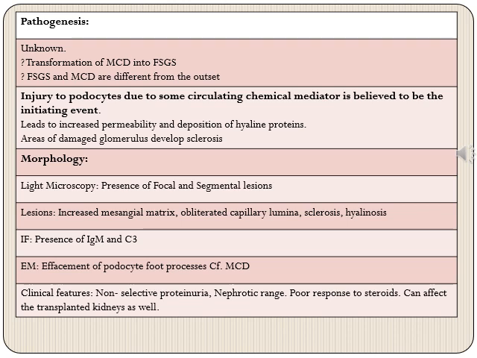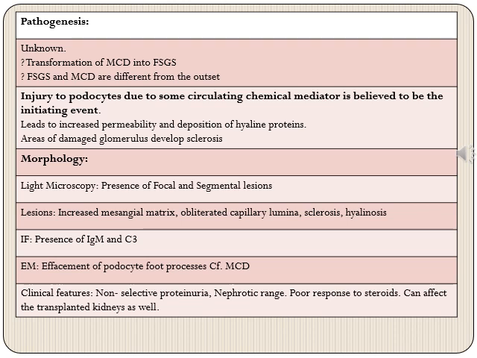But the initiating event which is agreed upon is that there is injury to podocytes due to some circulating chemical mediator. And this leads to increased permeability and deposition of hyaline proteins, and areas of damaged glomerulus undergo sclerosis.